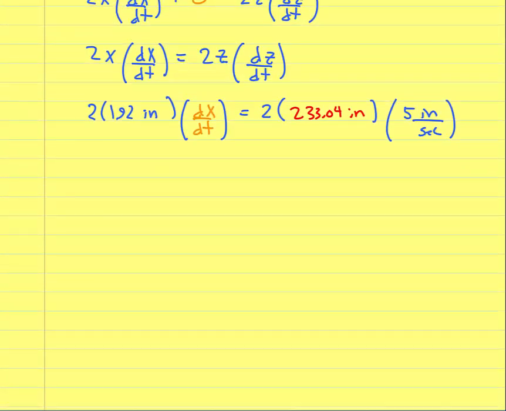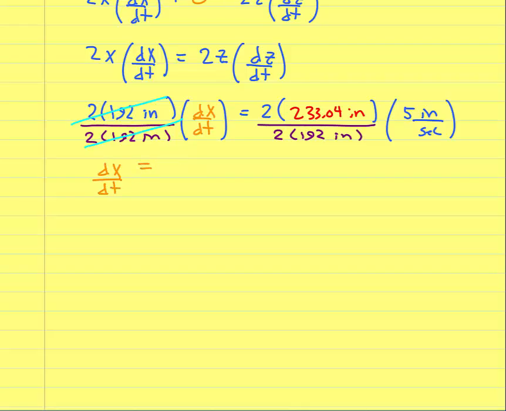Now, if you wanted to catch this real quick, you could see that I have a 2 on both sides, so I could divide that out. I'm not even going to multiply these, I'm just going to divide through. So I have canceling occurring, and I end up with dx/dt equal to 233.04 divided by 192. Not that it matters if you have a calculator, you just crunch this through anyway.